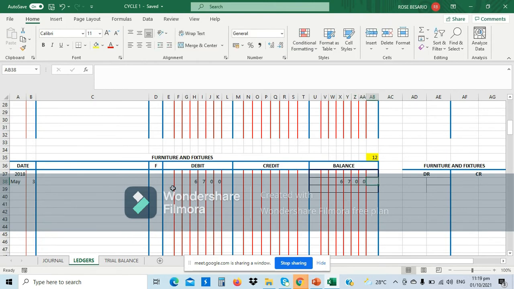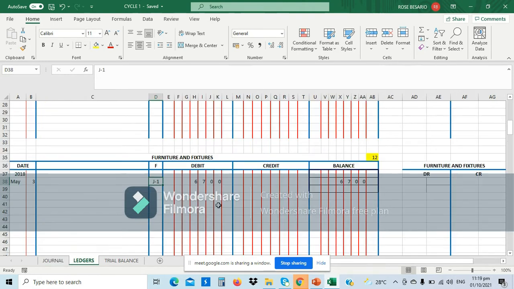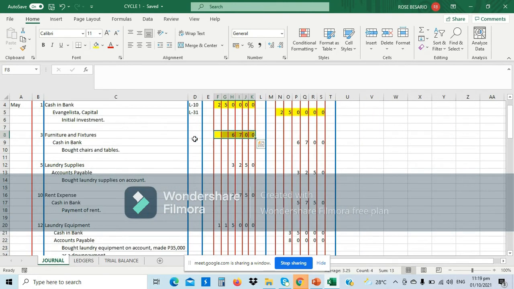Okay, and then we are getting it from the same journal page. So J-1 still. And then in the journal, this is ledger number 12. So in the journal, we'll have L number 12. So meaning this was posted to ledger number 12. Then we have cash in bank credit.